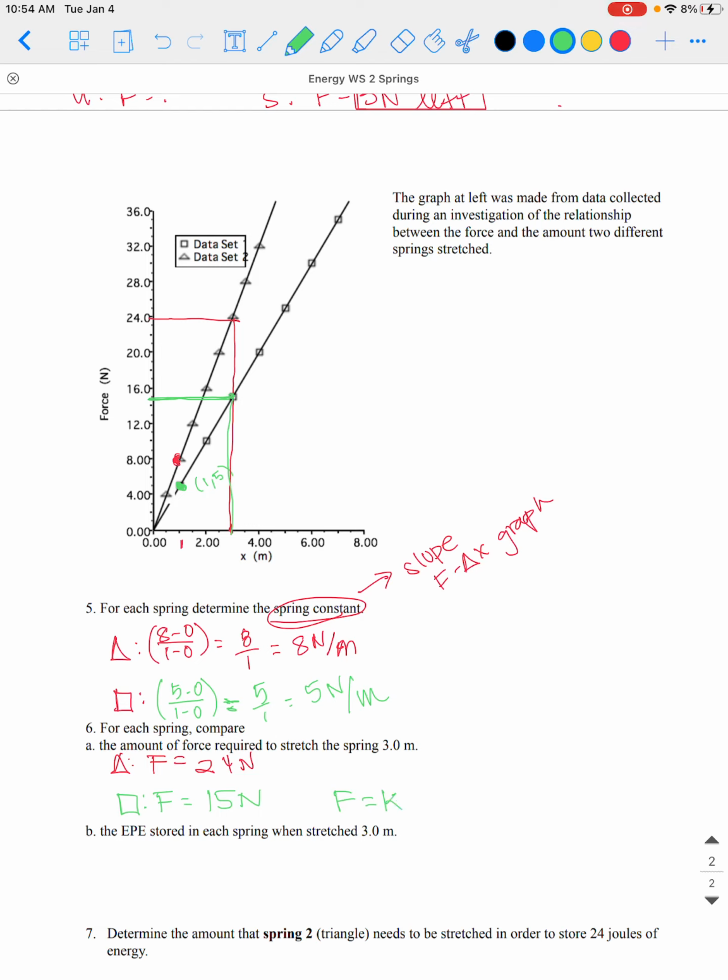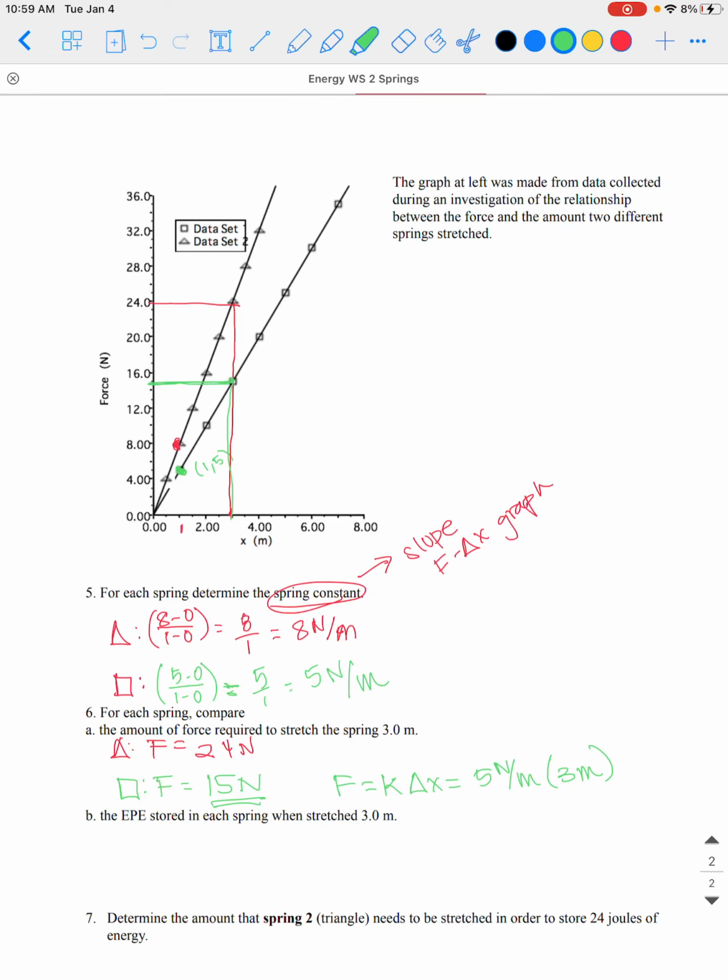Force is equal to K delta X, and I'm going to plug in my K, which is 5 Newton meters, and I'm going to multiply it by the distance that I want to determine for the force, which is 3 meters, and when I multiply that together, I get my 15 newtons, which is exactly what I estimated it to be.